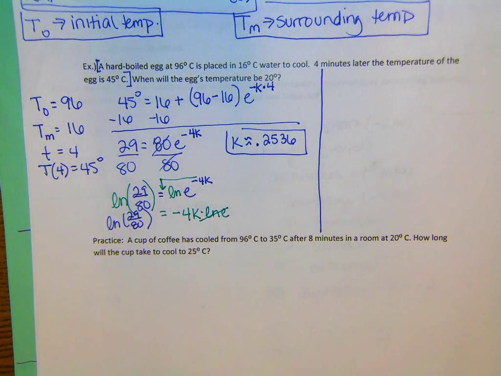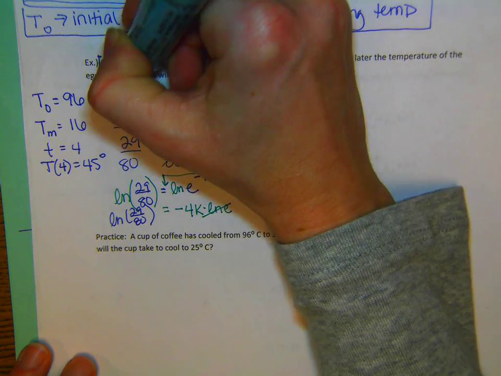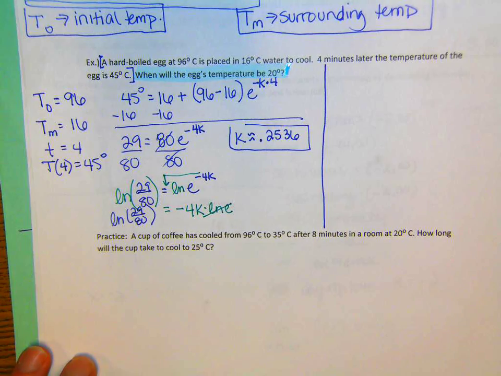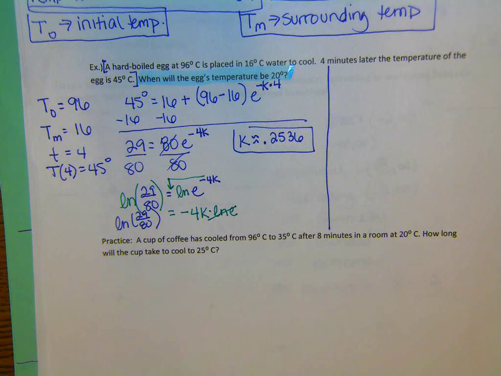So once you use the information in the problem and you figure out what k is, then we use that information to answer the question. And the question is, when will the egg's temperature be 20? Now, is it 4 minutes anymore?